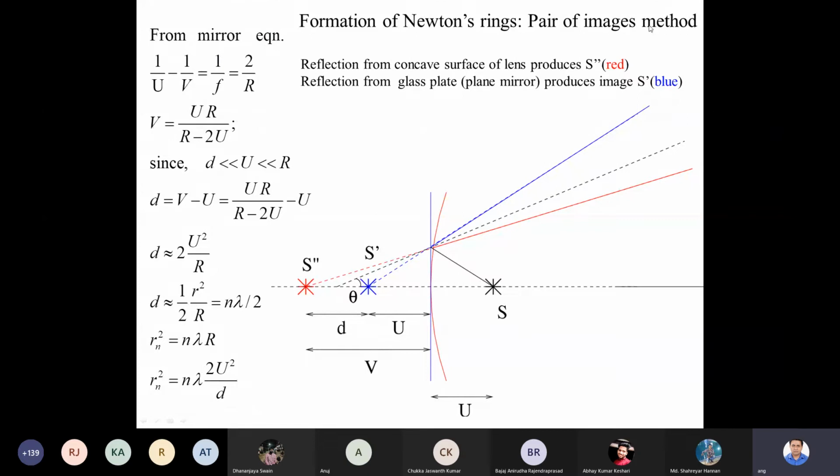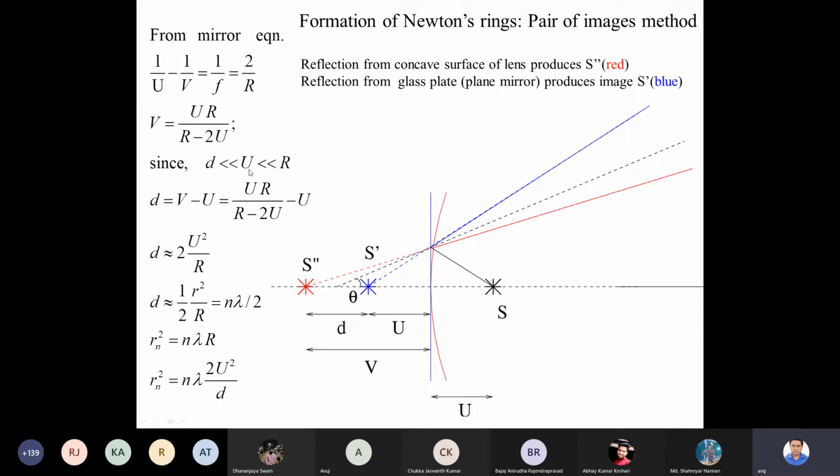Now you can use the very simple mirror equation: 1 by u plus 1 by v equals 1 by f. Here v is negative, so you can write 1 by u minus 1 by v equals 1 by f, which in terms of the radius of curvature is 2 by r. Then you can simplify this. Can you just work it out? So v equals u r divided by r minus 2u.